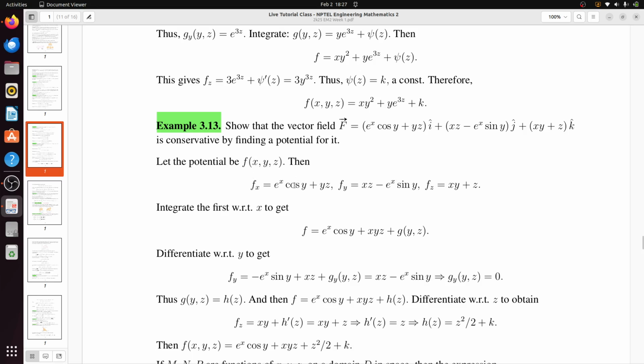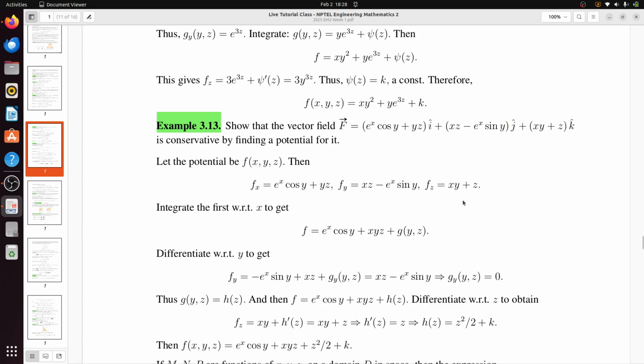Now what will we assume? Since f is the scalar potential and these are the coefficients of F, the derivative of f with respect to the space variable x will be equal to this term, the derivative of f with respect to y will be equal to this term, and the derivative of f with respect to z will be this term.